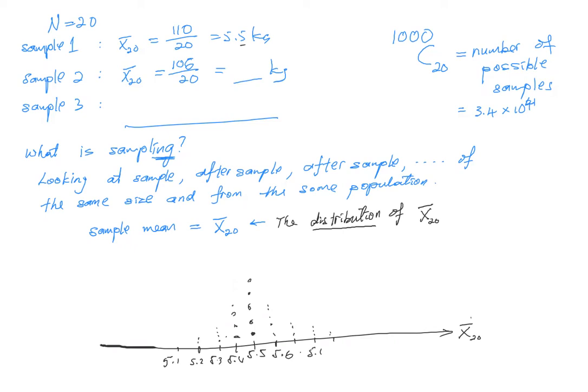Is it the individual weight of the pumpkin I'm talking about? No, I'm talking about the mean weight of 20 pumpkins, a sample of 20. So this is my variable. Every sample's mean will vary, that's why we have a distribution.